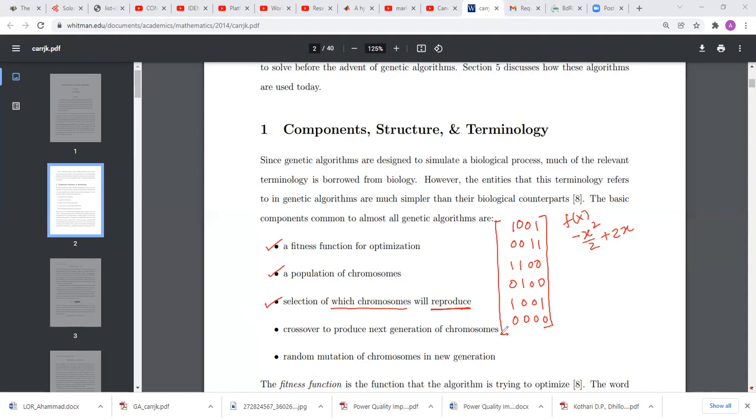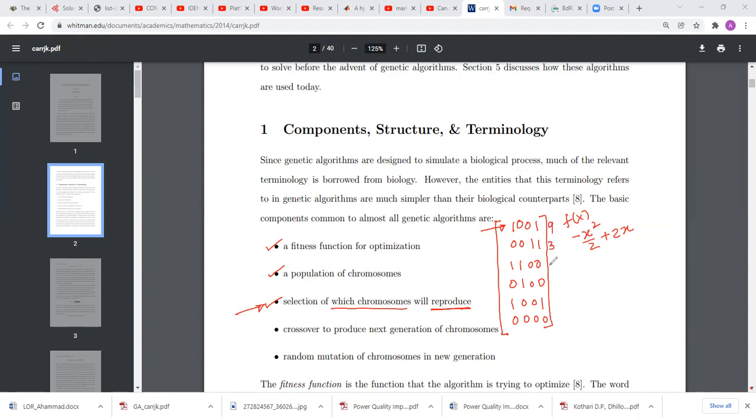Before going to this step, I can simply calculate the fitness values for each of these chromosomes, isn't it? So what is this? 1001. How much is this? 9. How much is this? 3.